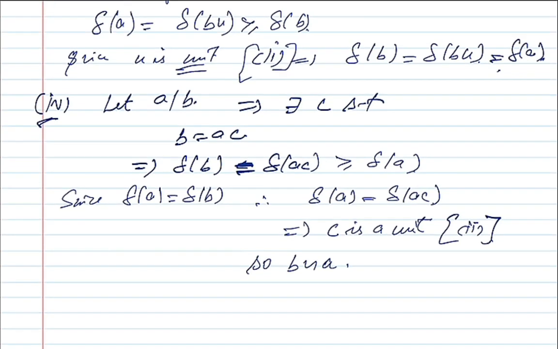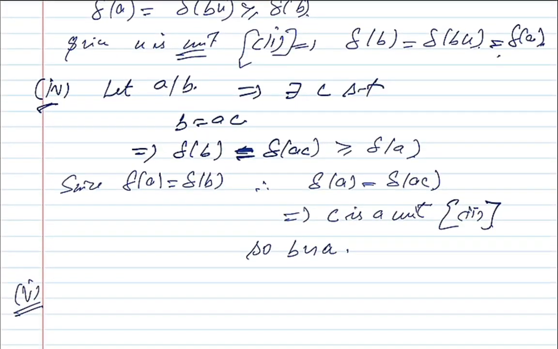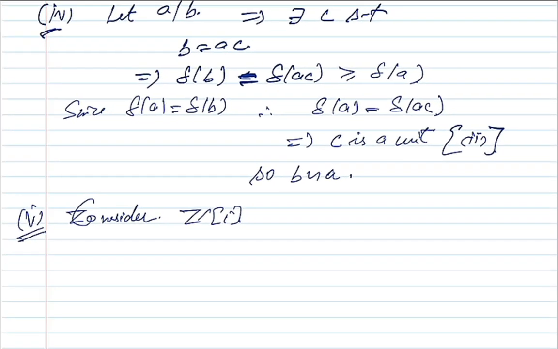Now fifth, let me give you one example where the converse of second is not true, that if the valuation is the same, then they need not be associates. Consider again the Gaussian integers. You know del of A plus iota B is A square plus B square.